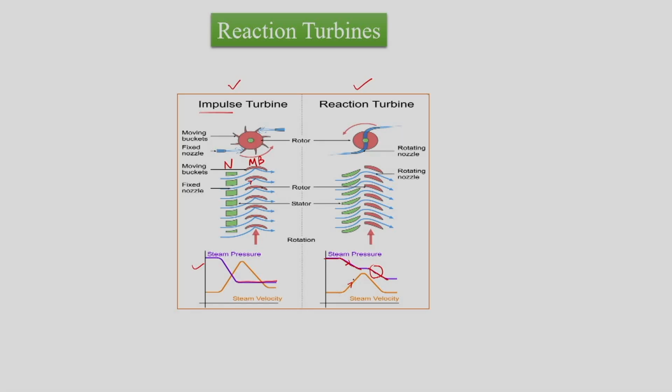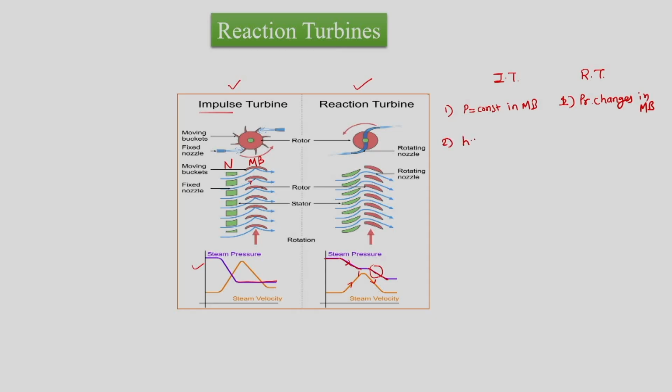So there is absolute velocity which will rise in the nozzle, and then that absolute velocity will decrease in the moving blades. So the very first point we should understand is, if we have impulse turbine and then we have reaction turbine, in case of impulse turbine we have pressure constant in moving blades. In case of reaction turbine, pressure changes in moving blades.